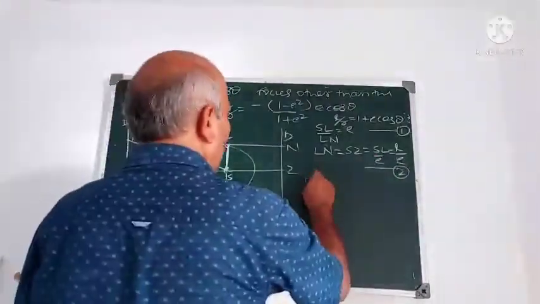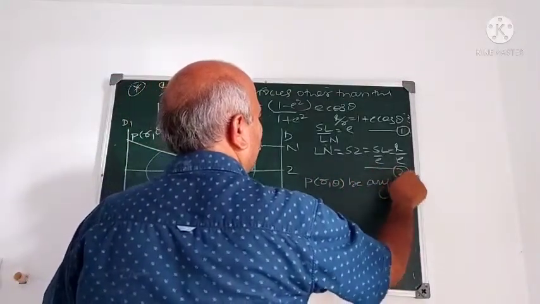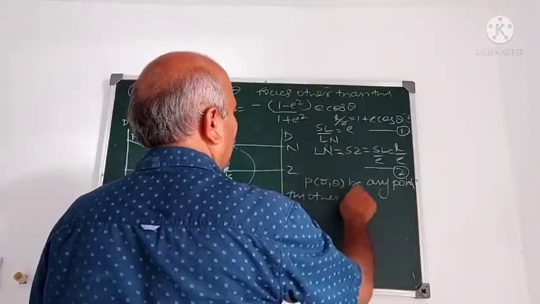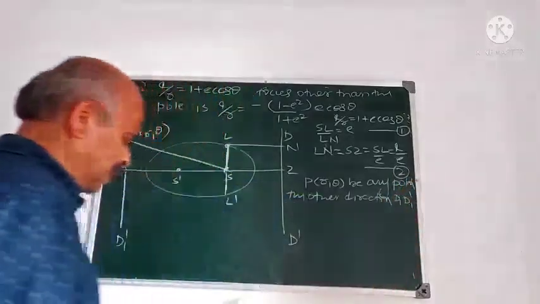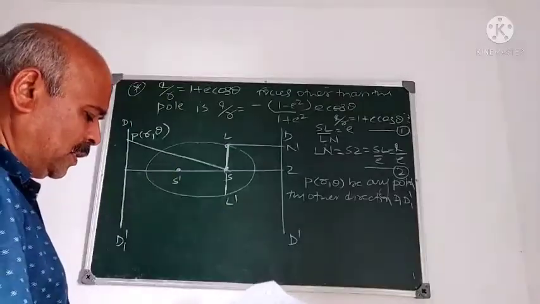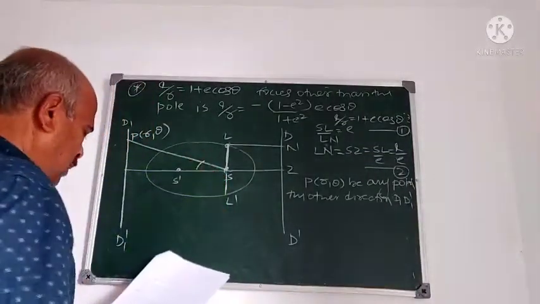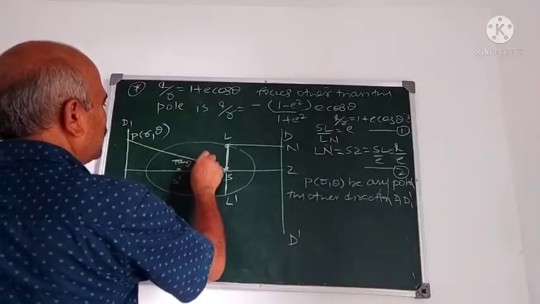Now P(r, θ) be any point on the other directrix, that is D1 dash. Then what is this angle? This is π minus θ, because this is θ.